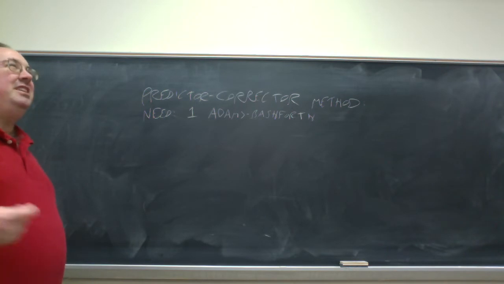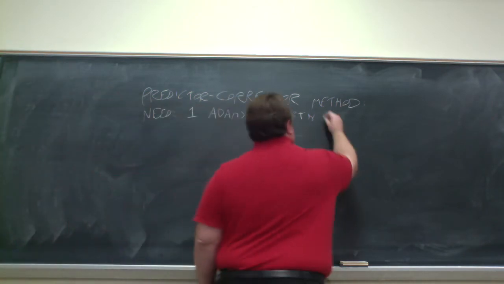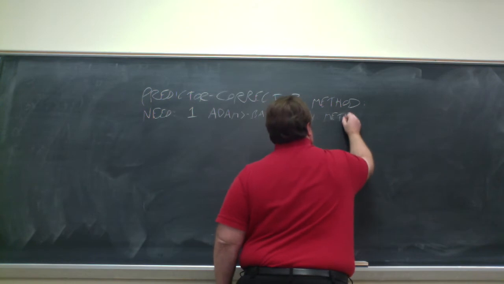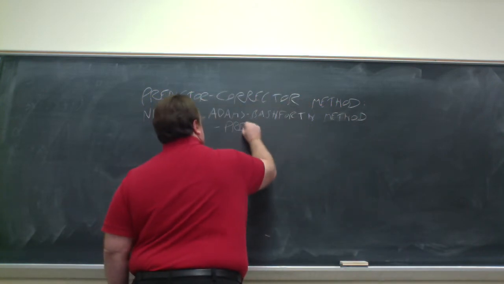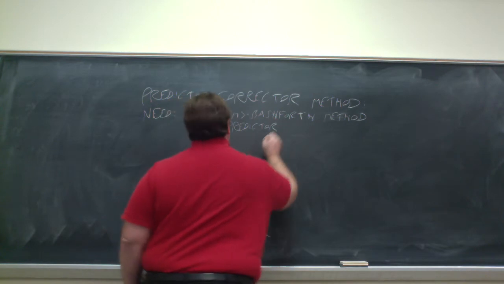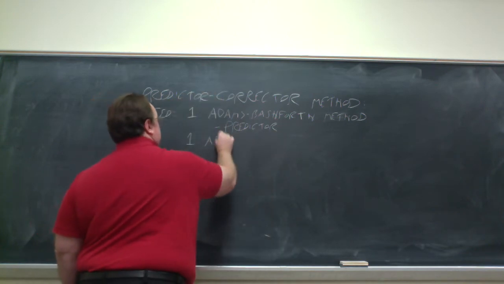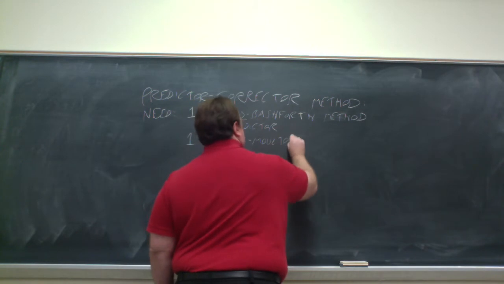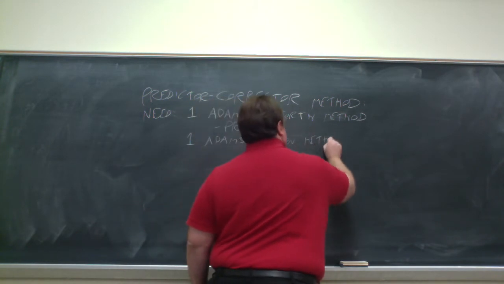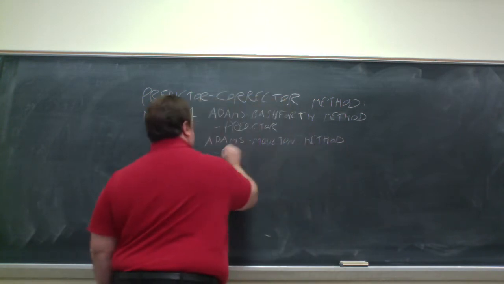I've never really seen it done, so we'll just stick with Adams. So you need one Adams-Bashforth method. Its role is the predictor. And then we need one Adams-Moulton method. And its role is the corrector.